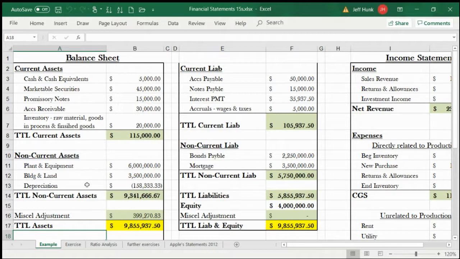The plant and equipment exist to produce something, right? Produce the finished goods or the merchandise, and to generate income from sale of those outputs of production, right?